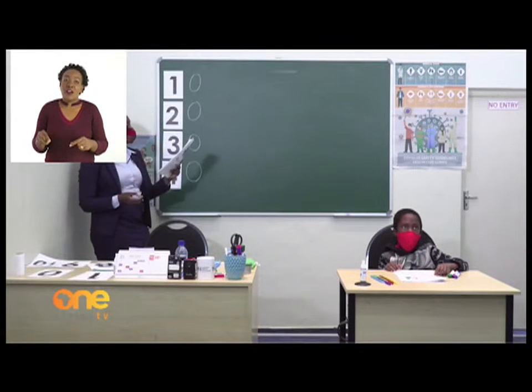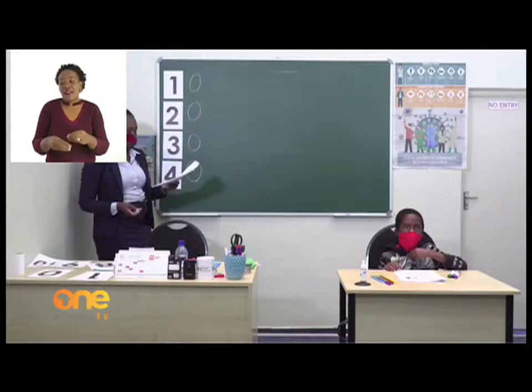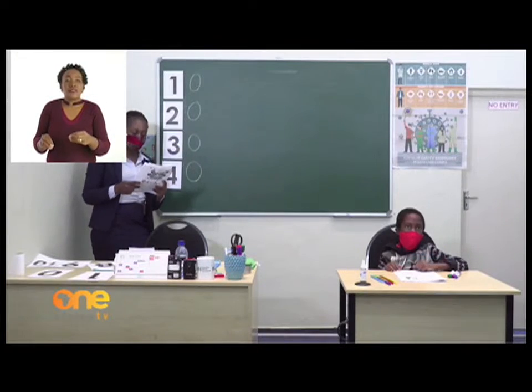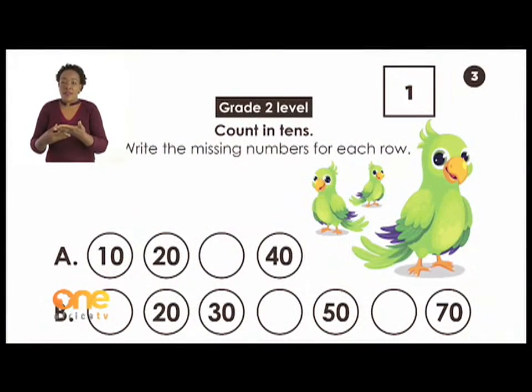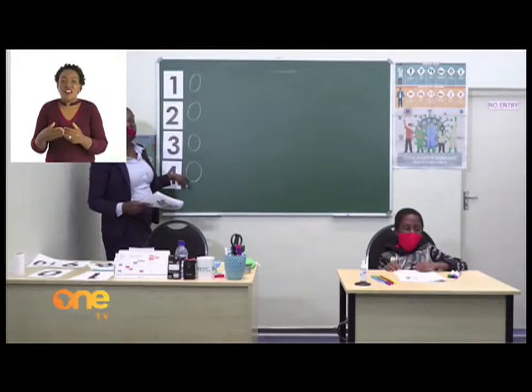Now we want to fill in the missing numbers from our booklet. And let's go to A. We have 10, then 20, and there's a missing number, and we go to 40. To make it easy, we can come here.